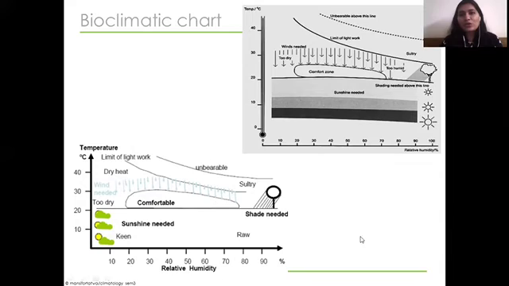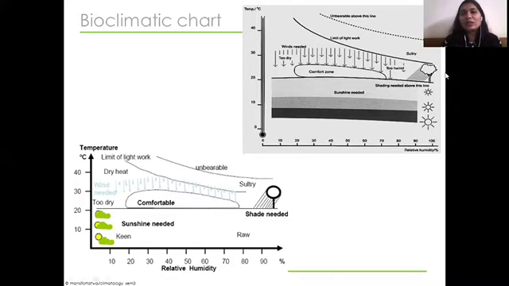Okay, so in this diagram you have some additional information, as in where winds are needed to bring down the temperatures, where shading is required, where the sunshine is needed. Okay, so likewise you will find many variations of the same chart done by different authors. So these are some simplified charts for understanding and learning purposes.